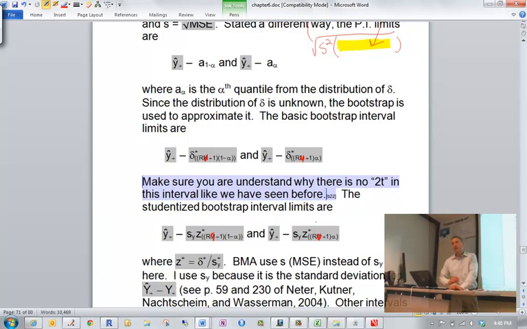I was trying to be general like the way they did it, but I think it's more confusing to do that, so I'm going to remove that. Take the r plus 1 times 1 minus alpha ordered value to estimate a sub 1 minus alpha. Take the r plus 1 times alpha ordered delta star to replace a tilde, a sub alpha, and that is your basic bootstrap confidence interval.